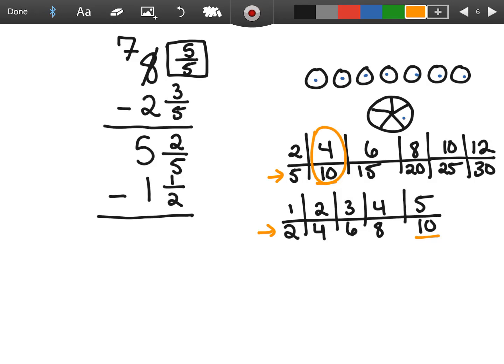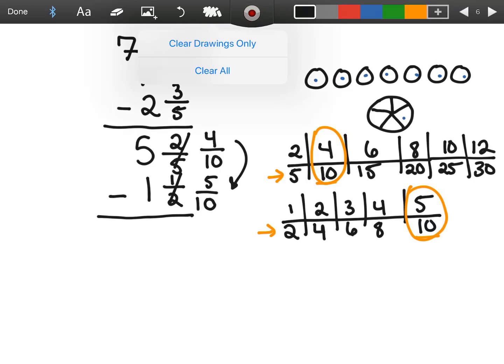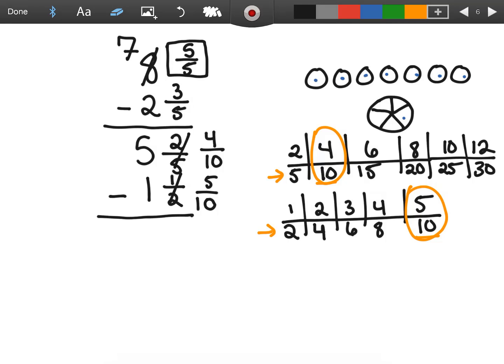So I know that my equivalent fractions are 4/10 and 5/10. Now I can't do 4/10 minus 5/10. If I am holding 4/10 in my hand, I don't have 5/10 to take away. So again, I need to borrow from my 5.